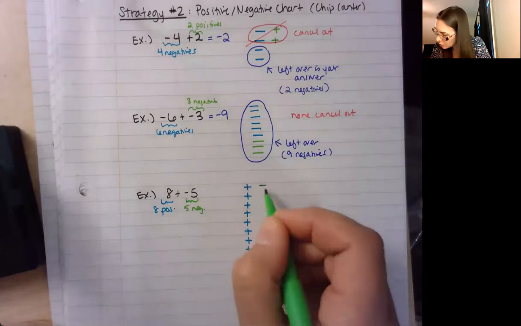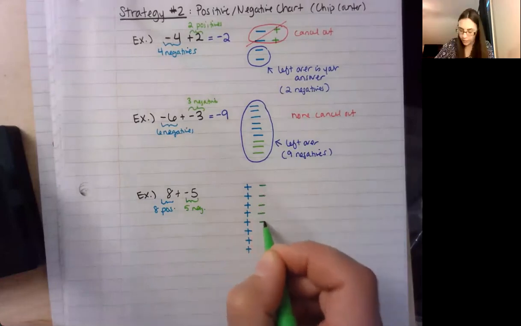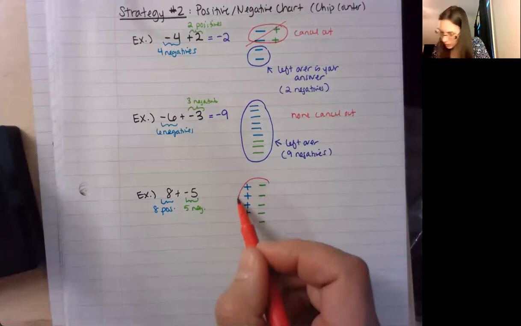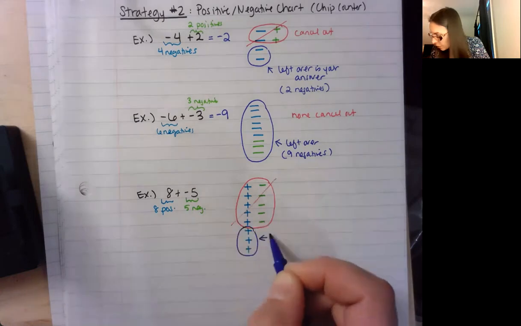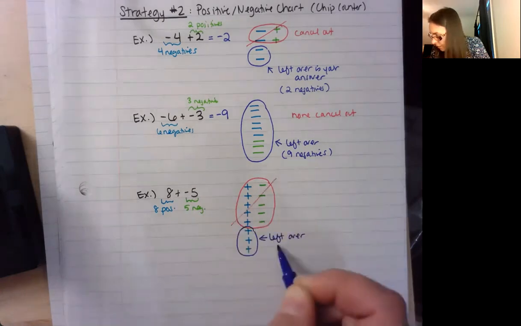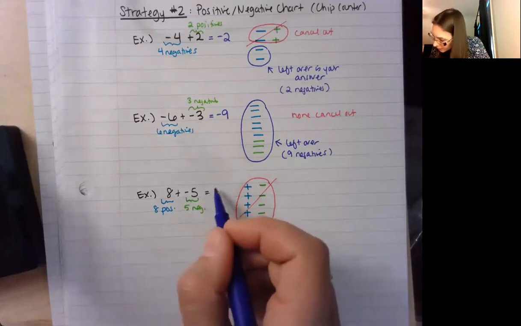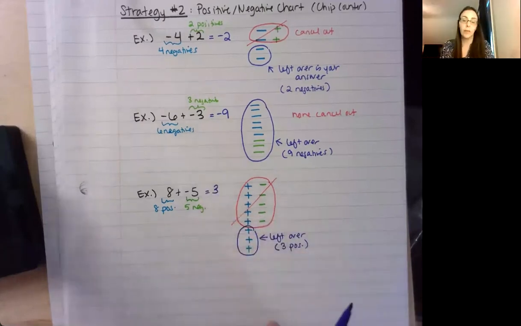So 1, 2, 3, 4, 5. They're going to cancel. And then what you're noticing is that your leftover is 3 positives. So our answer is just +3.